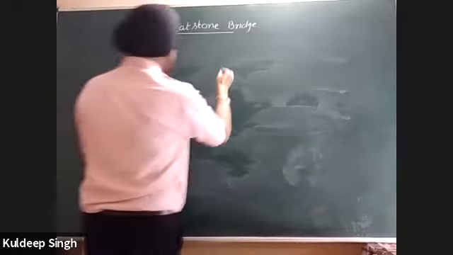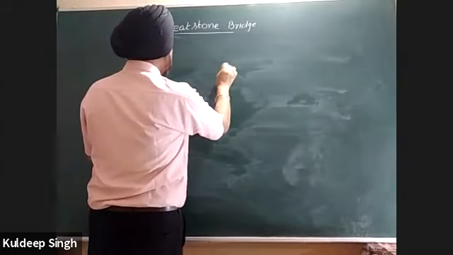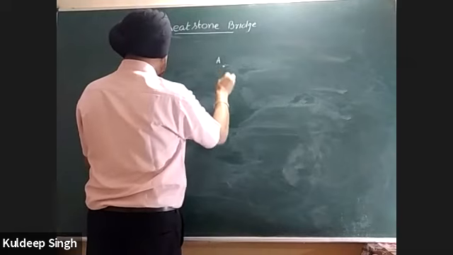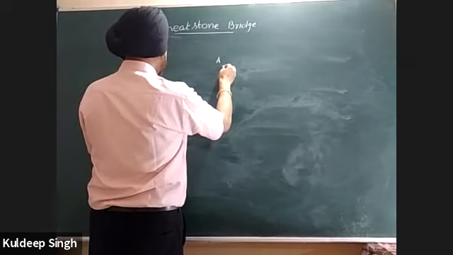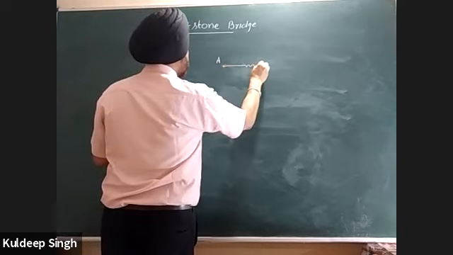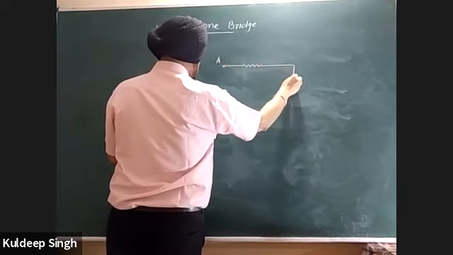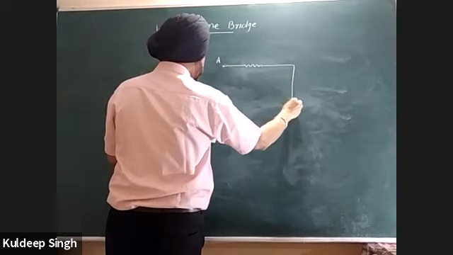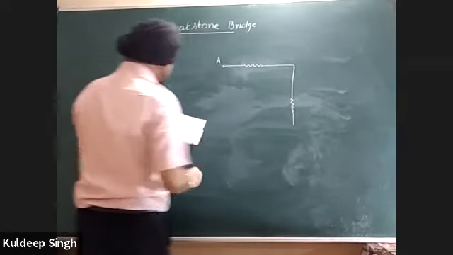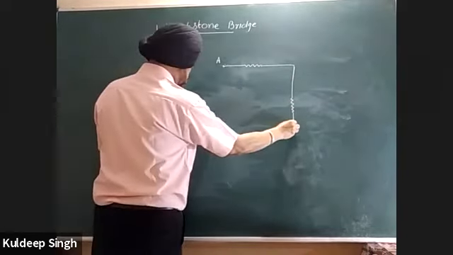We are given a point A to which a resistance is connected, and then here we have another resistance.